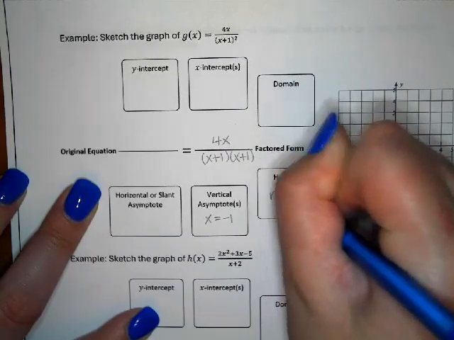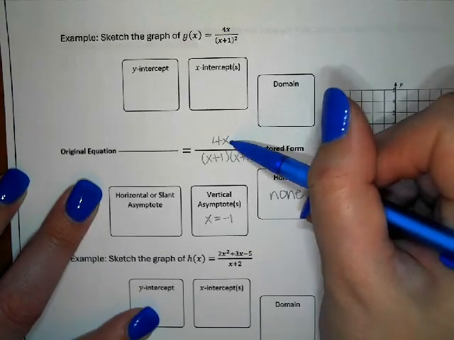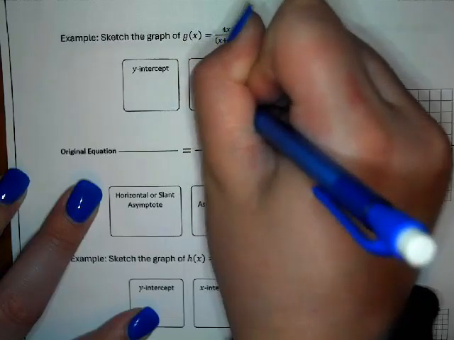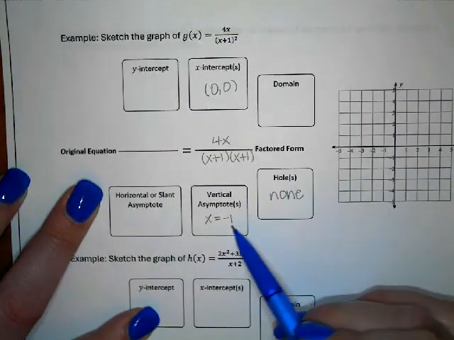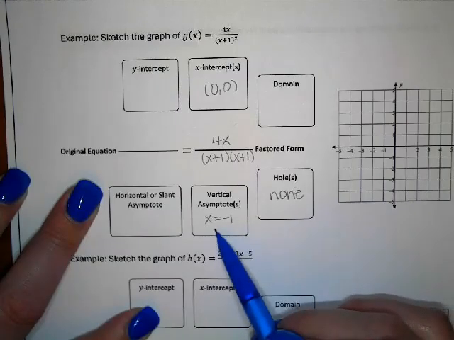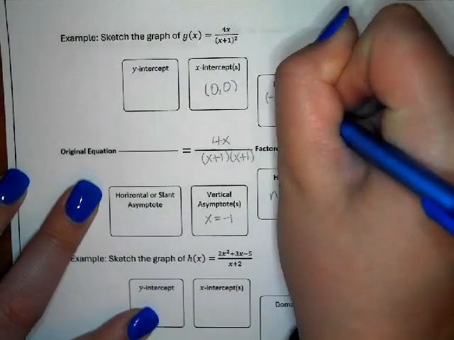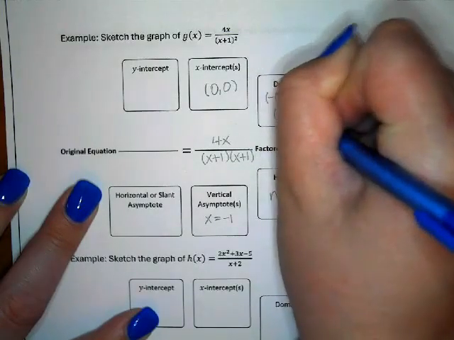To make the numerator equal 0, that would just be from plugging in 0. So the x-intercept is at 0, 0. For the domain, I just have to skip -1. So I'm going to say -infinity to -1, -1 to infinity. So that's how we write that we're skipping -1.